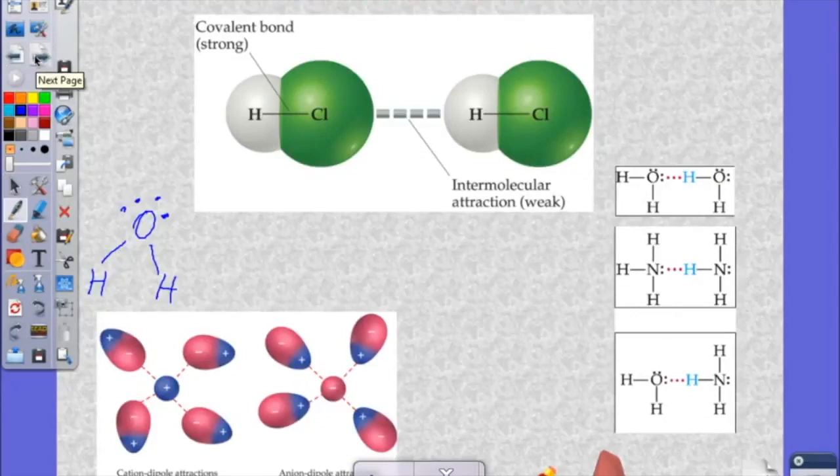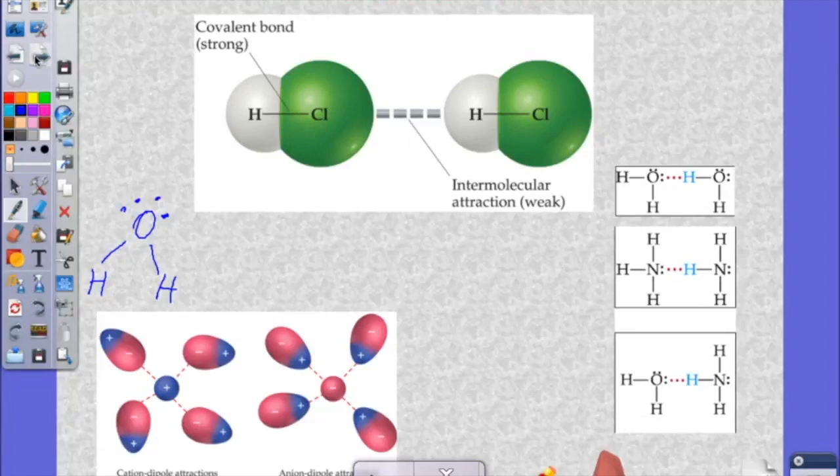This is your HCl, the bond between the Cl and the H from one molecule to another. This is dipole-dipole, yes, because HCl is polar. That force between those two polar molecules is called dipole-dipole, but it also includes London dispersion. Here is a case for ion dipole.